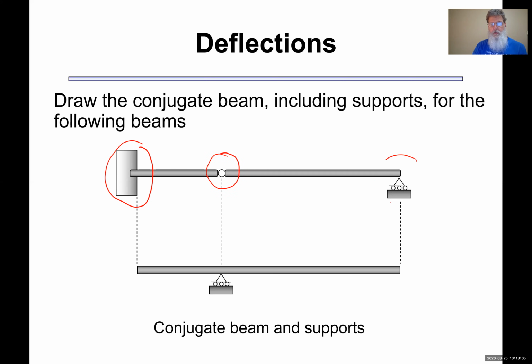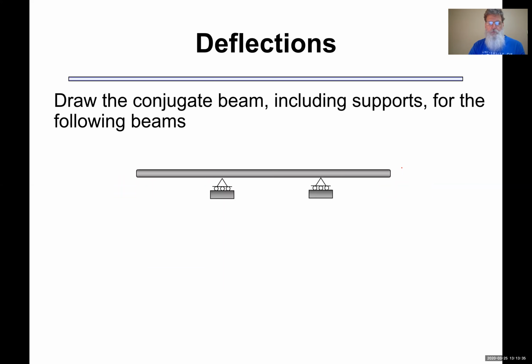And of course, my external pin maps to a pin. So now it looks like the real beam is quite complicated at the top, but at the bottom, it's a much simpler conjugate beam. So if this were my real beam in the bottom, then this would be my conjugate beam at the top. So again, a fairly simple looking beam can be quite challenging in conjugate space.